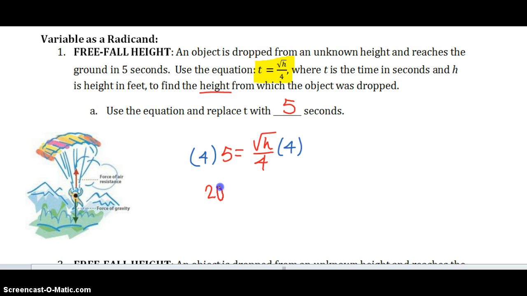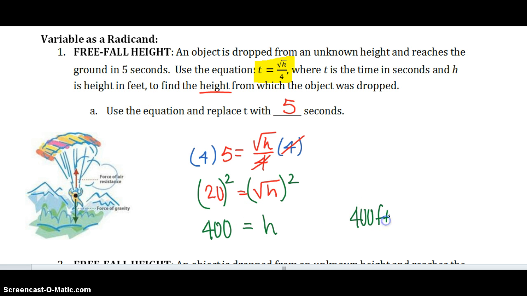So this gives us 20 equals the square root of h. How do you undo a square root? You square both sides. So h equals 20 squared, which is 400. So the height would be 400 feet.